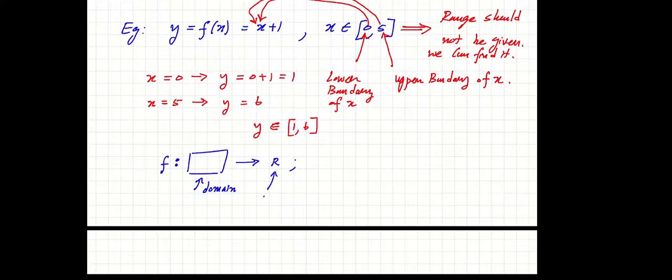Then the codomain, always it is R, always. Then the function, f(x) is equal to whatever the function is. This is the format.